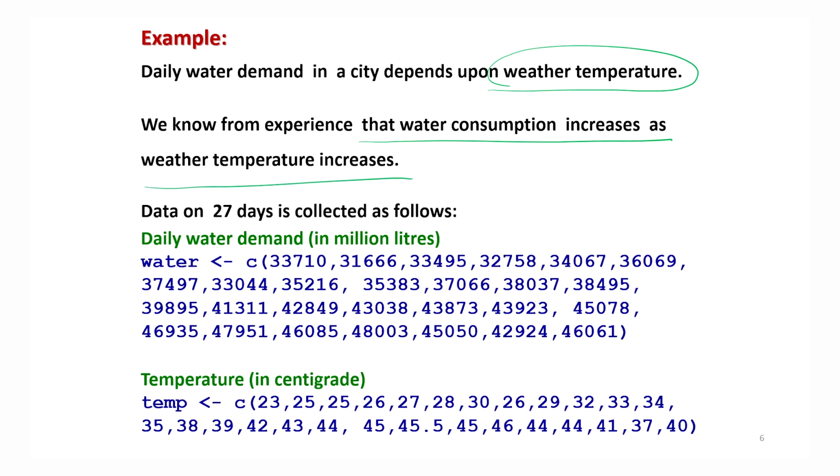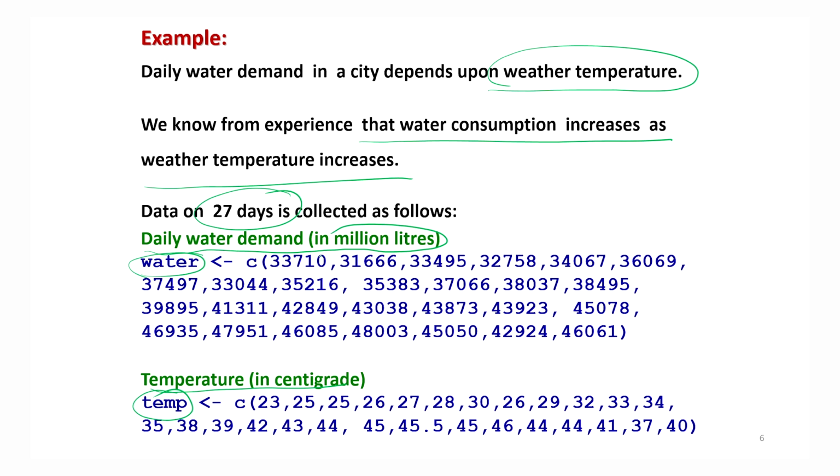But now, this is only our observation. Now, we want to choose a data set and we want to know about these aspects. So, what we have done is that data on the daily water demand and the day temperature is collected for 27 days. The data on the daily water demand, which is measured in million liters, is stored in a data vector here, water, and the temperature is stored in temp.